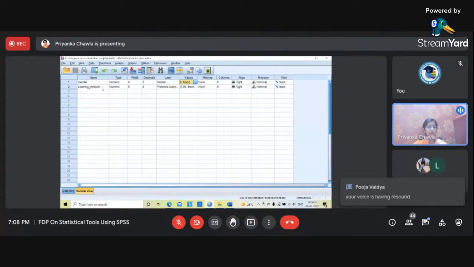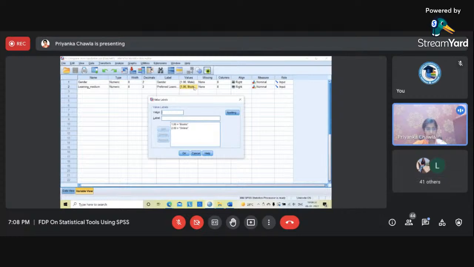This is the learning method: whether male or female are learning through books or through online mode. Which mode of learning do they prefer? Either they prefer to read from books or they prefer to read online. We are going to test this relationship.